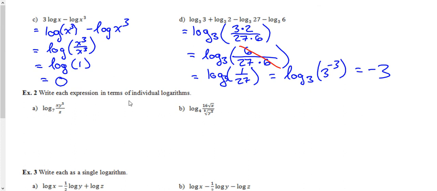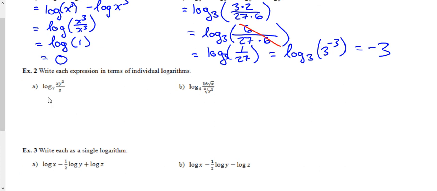Write each expression in terms of individual logarithms. All right, so basically this is asking you to break this apart into its own individual pieces before we combine it all together. So I know that multiplication means addition, and I see division, that means subtraction. So here we go. I have log base 7 of x. So that's the first term I see. I see the multiplication, so that means we're going to add.